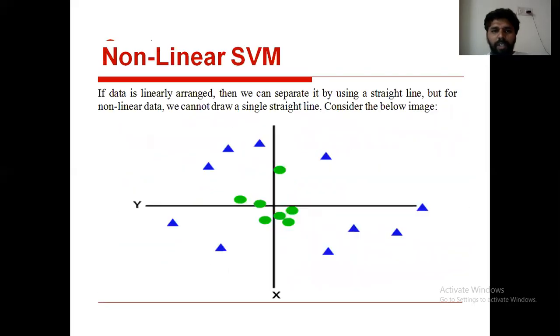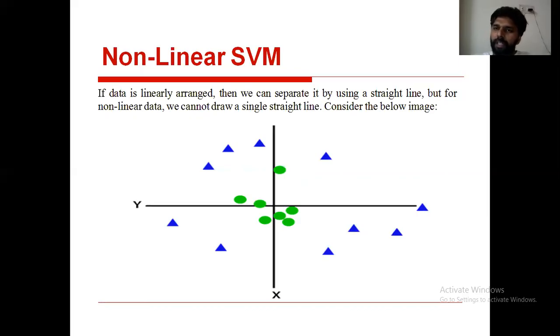Now, coming to non-linear support vector machines. In non-linear support vector machines, the instances in the instance space can never be classified by using straight lines or straight hyperplanes. We can't divide the instance space containing data by using straight lines.